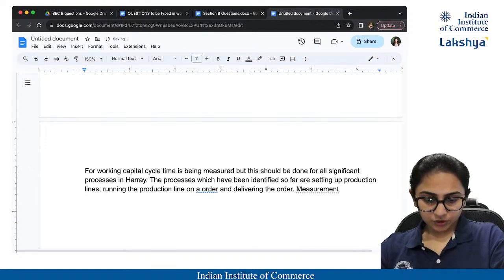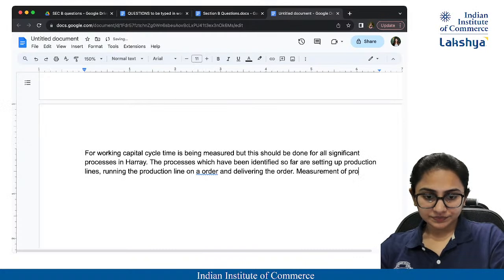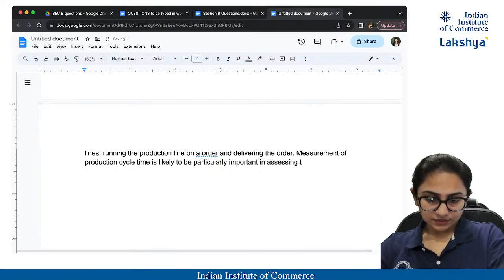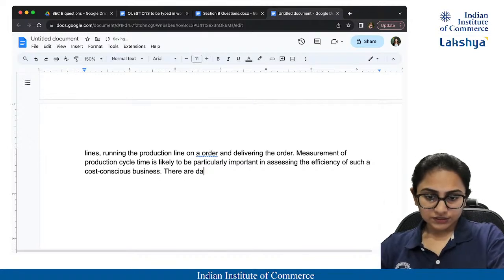Measurement of production cycle time, which we have already calculated, is likely to be particularly important in assessing the efficiency of such a cost-conscious business. There are data of delivery time.